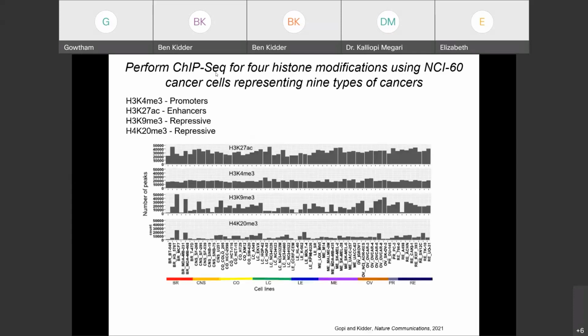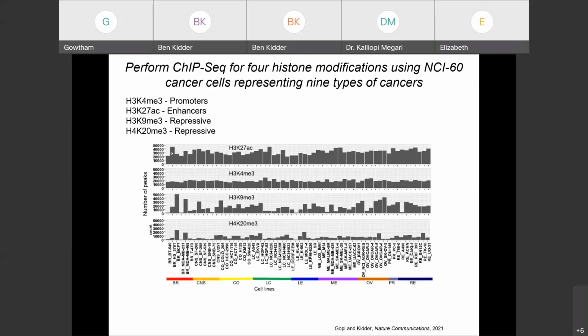So what we did is perform ChIP-seq for histone modifications that represent the majority of different active and repressive states in a cell. H3K4 trimethylation typically marks active promoters. H3K27 acetylation is a proxy for active enhancers, so this allows you to identify intergenic enhancer regions. And there are a couple of repressive histone modifications, which I mentioned previously, H3K9 trimethylation and H4K20 trimethylation.